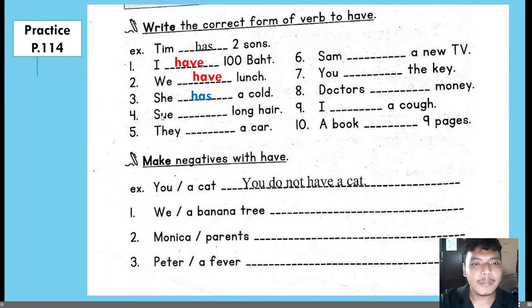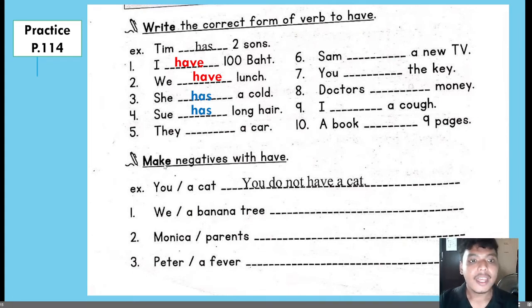And then number four. Sue, have or has long hair? Because Sue is one person, one lady. So we use Sue has long hair. Okay. And then everybody, we move to number five.